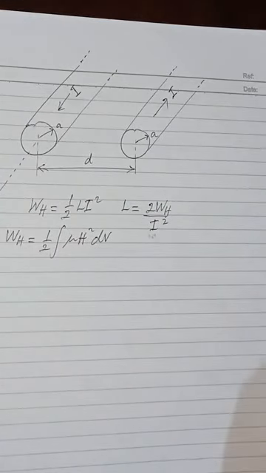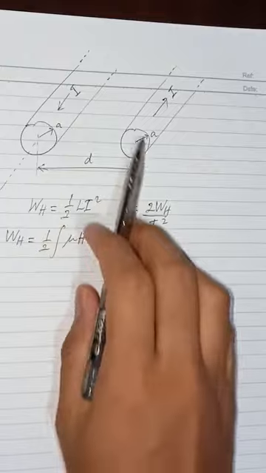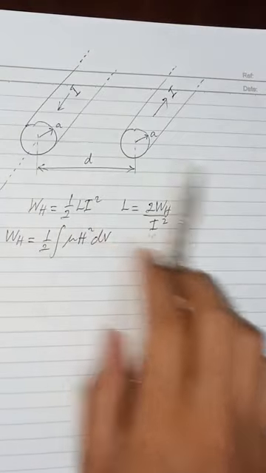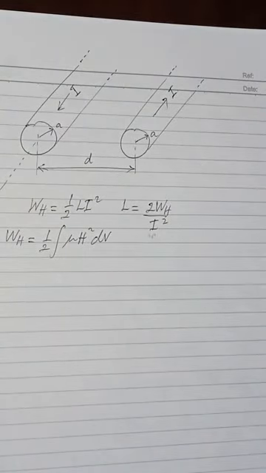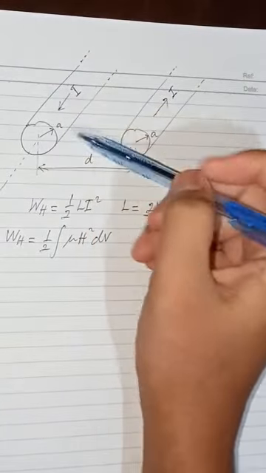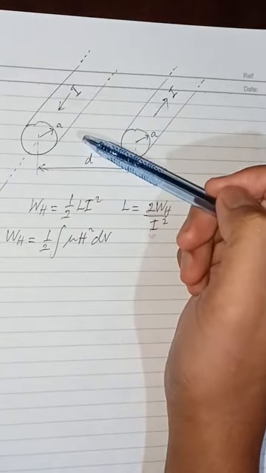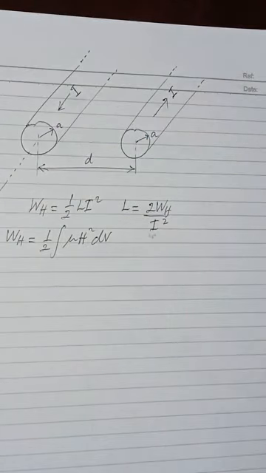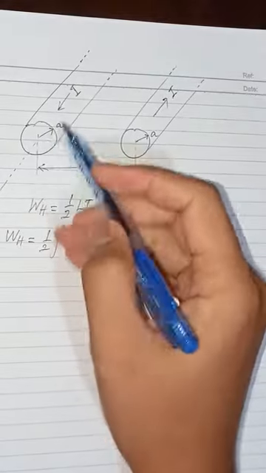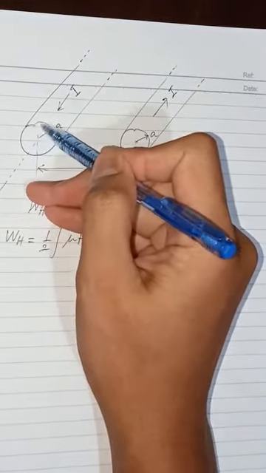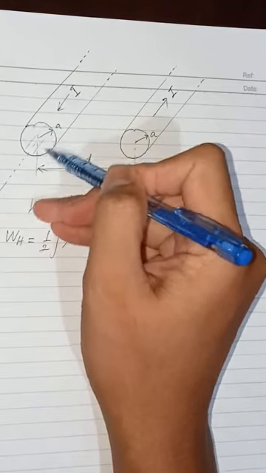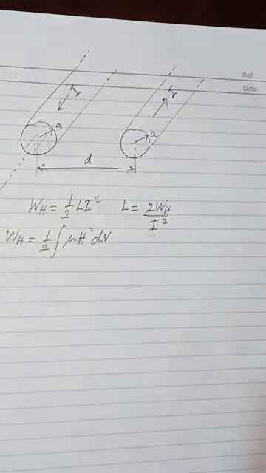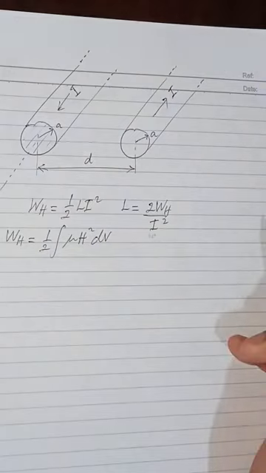Looking at the diagram, for the first wire on the left-hand side there are two different regions we have to consider. The first one is within the wire, and the other is outside the wire.